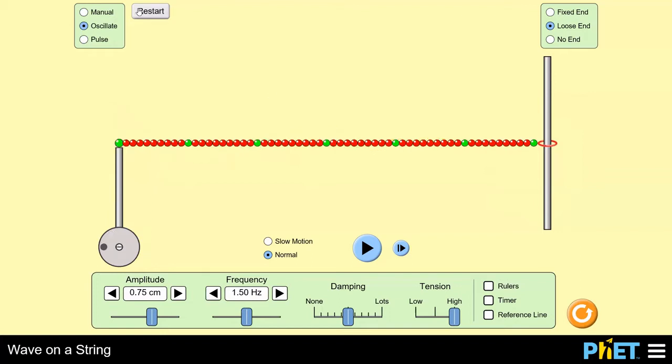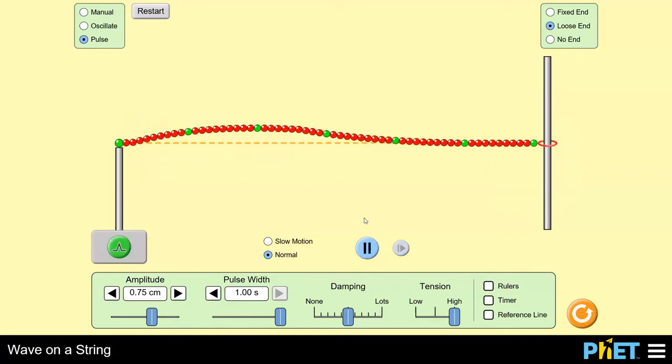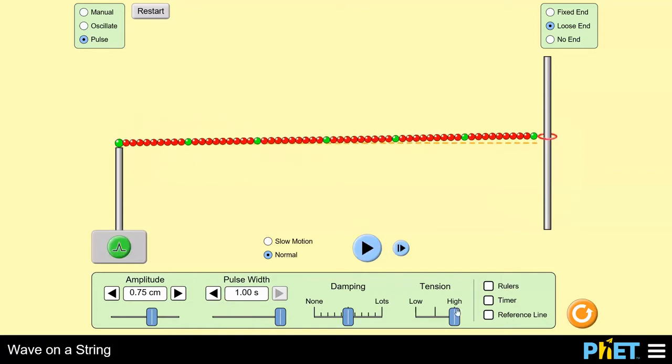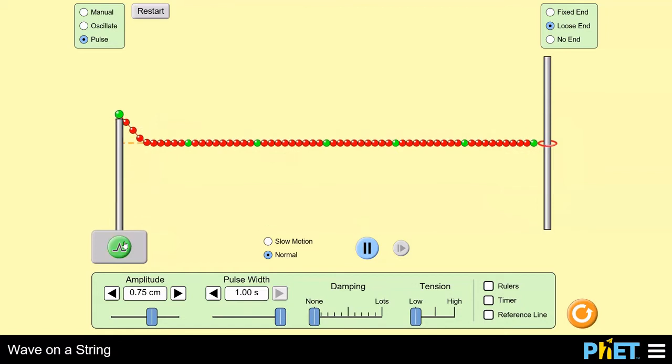So if I just make a pulse here, I'll pause in the middle.